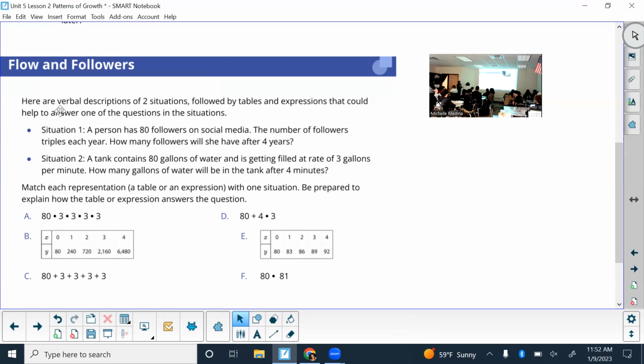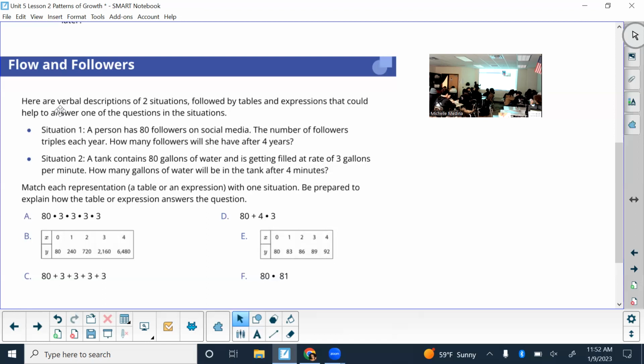So what you're going to do in your groups, you could discuss, you're gonna match each representation. So it could be A, B, C, D, E, or F. They're all different. Some of them are expressions, some of them are tables. You're gonna match each of these with one of the situations. So each one, you're telling me, is it situation 1 or 2?